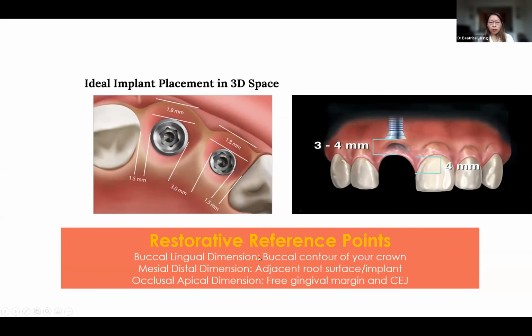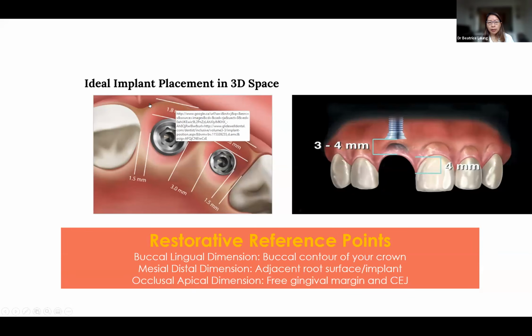Buccolingually, your reference point is the buccal contour of your ideal restored crown. Wherever this buccal contour is, the outer surface of the implant needs to be at least 1.8 to 2 millimeters lingual to it.